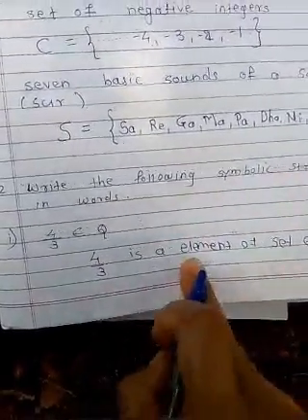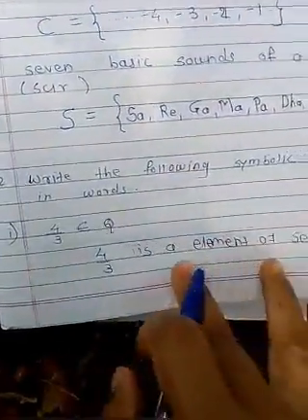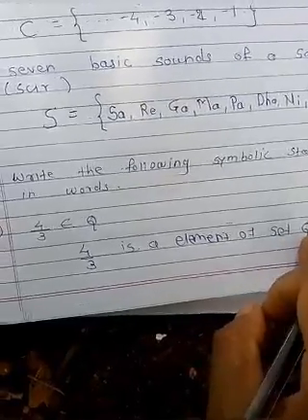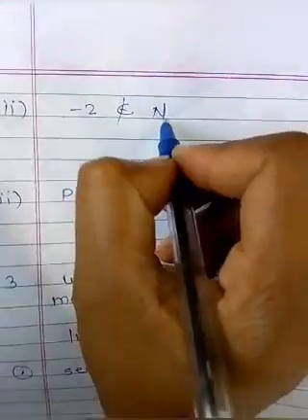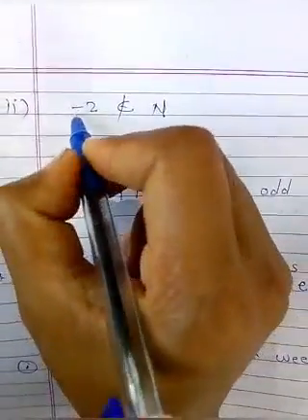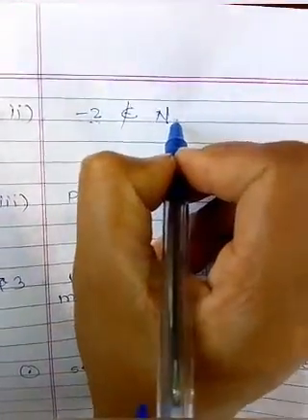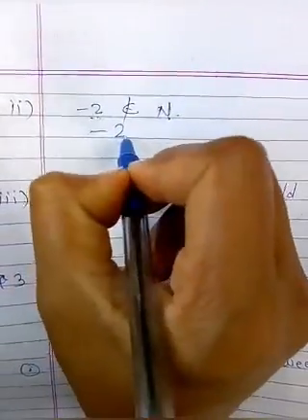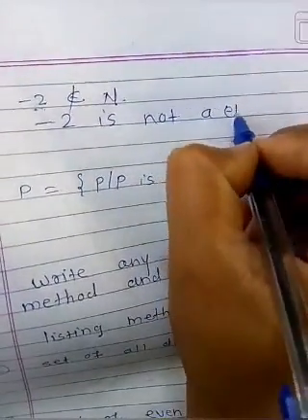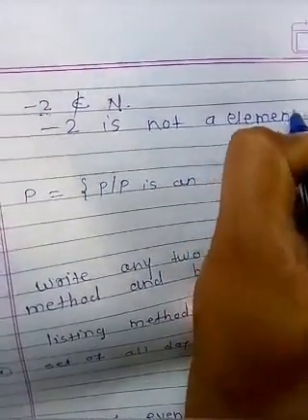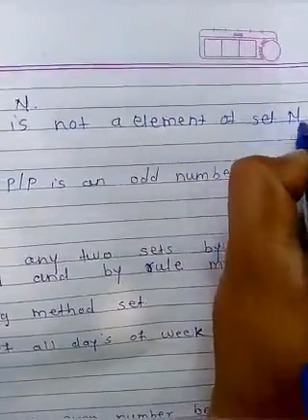So 4 by 3 is a rational number, which means 4 by 3 is an element of set Q. Here we give a set N. N is the natural number set. But here we give the value minus 2, and minus 2 is not a natural number. So we write: minus 2 is not an element of set N. Okay.